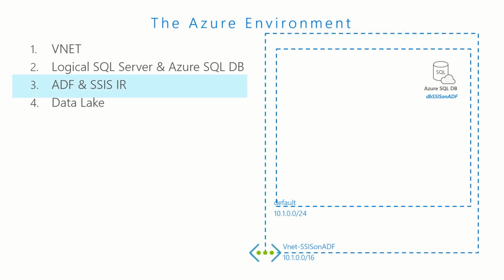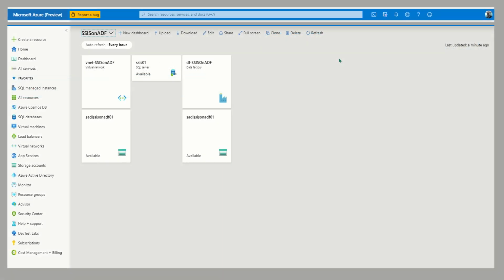Let's have a look at the Azure Data Factory and the SSIS Integration Runtime that we're installing. And let's cut across to the Azure portal. Let's have a look at the Azure Data Factory.